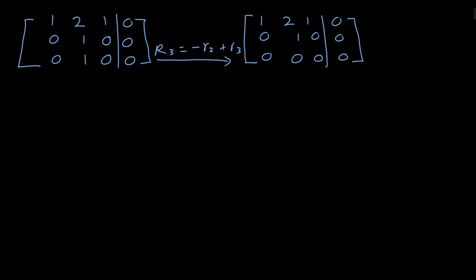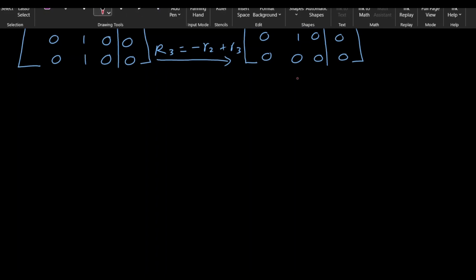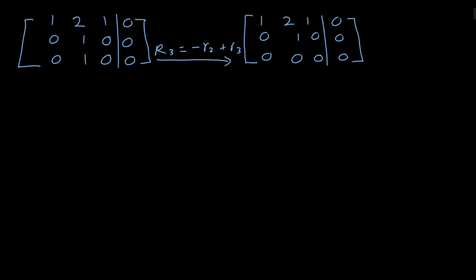Okay, now that our augmented matrix has been simplified, we notice that the third column over here, if I were to draw a staircase, is a free variable, so I let x3 be equals to c.